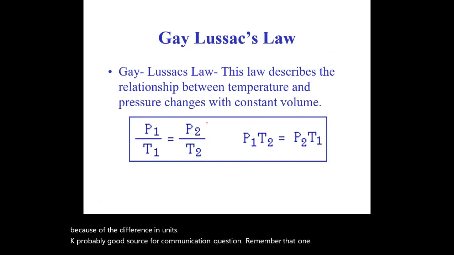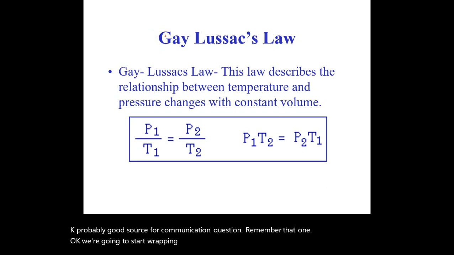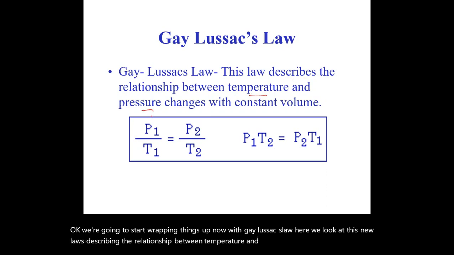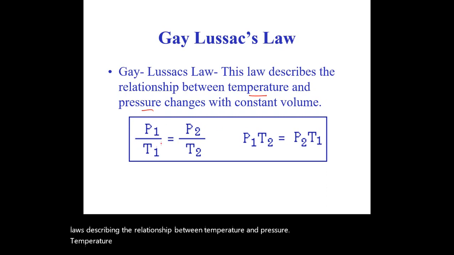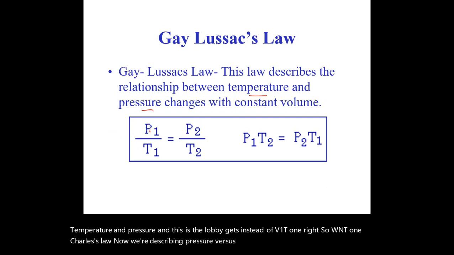Okay, we're going to start wrapping things up now with Gay-Lussac's law. Here we look at this new law as describing the relationship between temperature and pressure. Instead of V1 T1, Charles's law, now we're describing pressure versus temperature, and it turns out it is also linear.